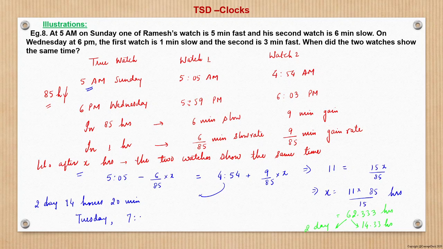So Tuesday 7:20 p.m. is the answer. When did the two watches show the same time? It was Tuesday 7:20 p.m. So this is the way we solve the question. I've been going very slowly with all the steps and the basics being discussed here.